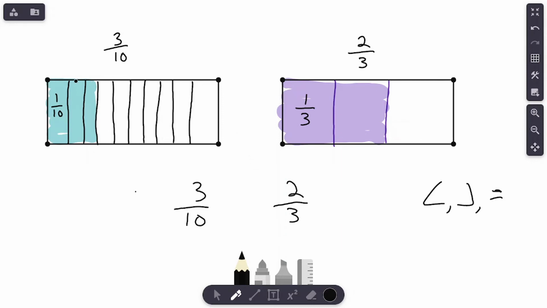If you look here, you're probably like, Mr. C, there is only a little bit colored in, 3/10 colored in here on the left, and on the right, that's 2/3. That's a lot more, and you are exactly right, ladies and gentlemen. 3/10 is going to be less than 2/3. Let me say it again. 3/10 is less than 2/3.